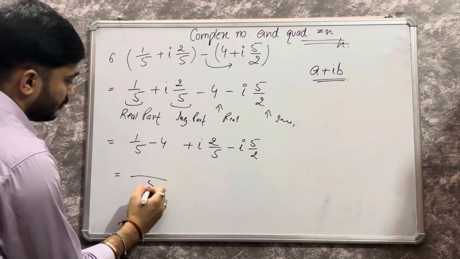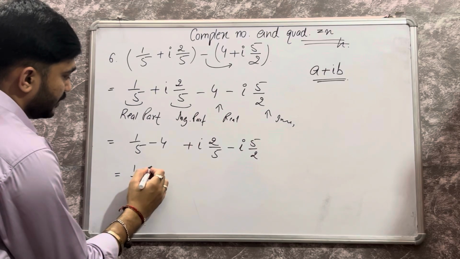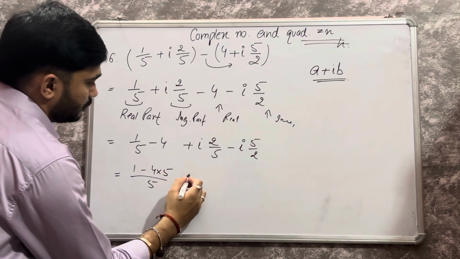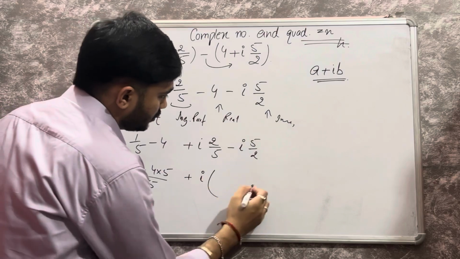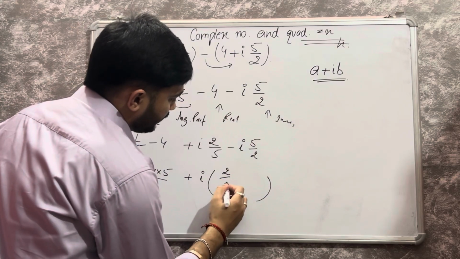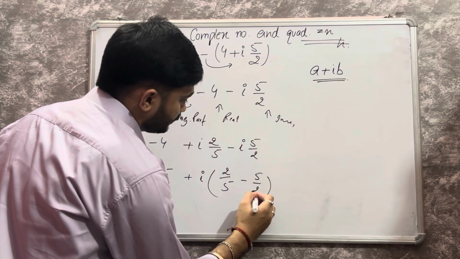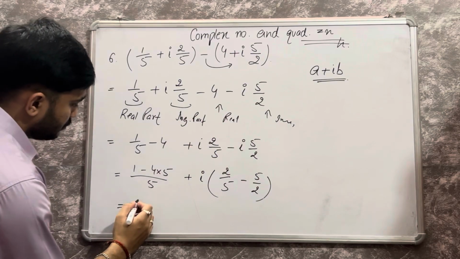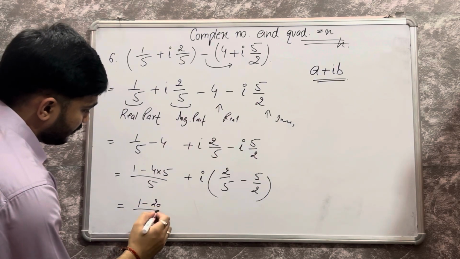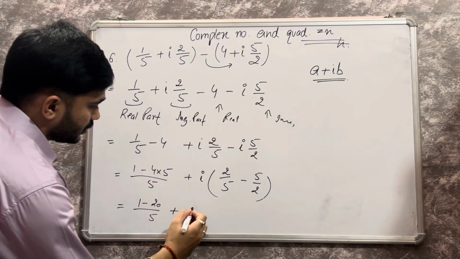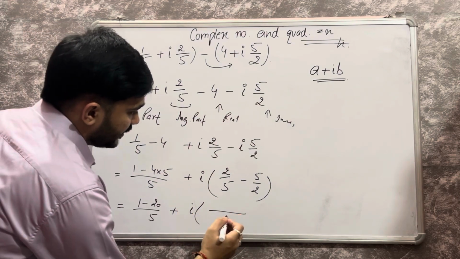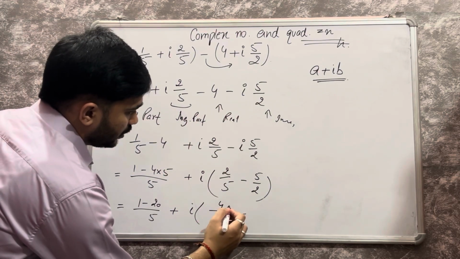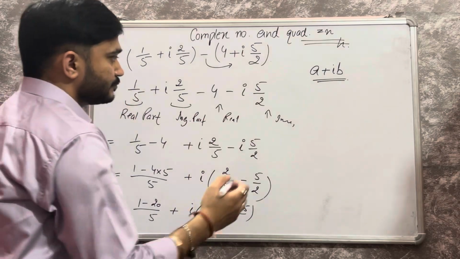1/5 − 4 + i·2/5 − i·5/2. Let us take the LCM: (1 − 4×5)/5 plus, taking i common, (2/5 − 5/2), equal to (1 − 20)/5 plus i, LCM is 10, (4 − 25)/10.